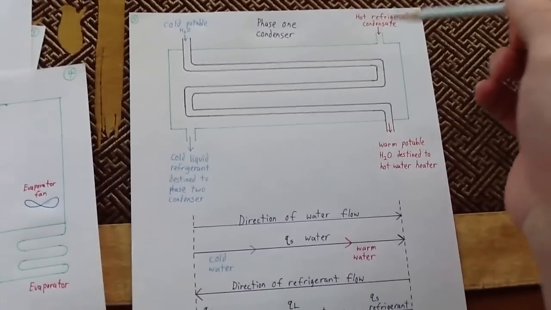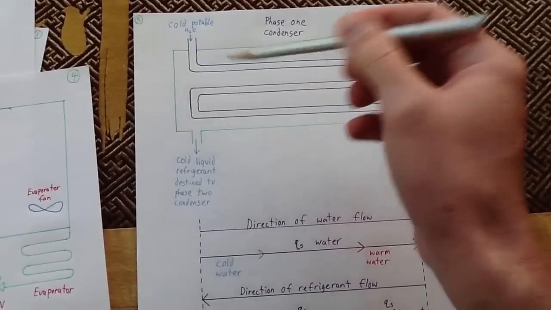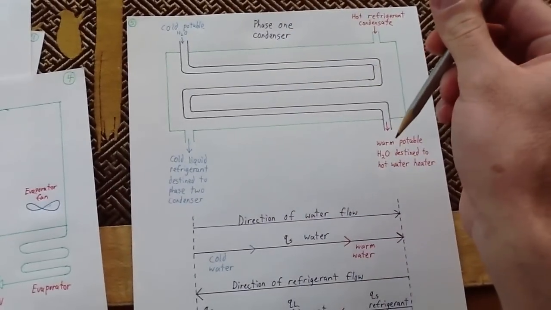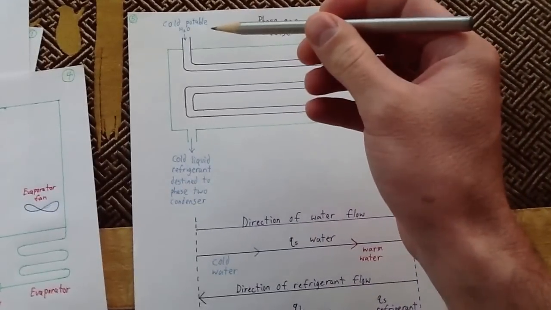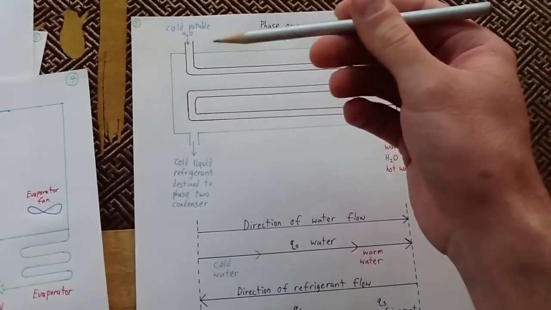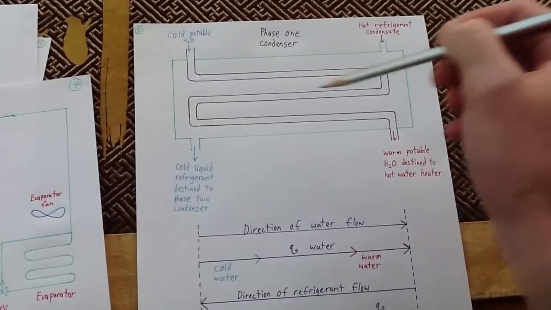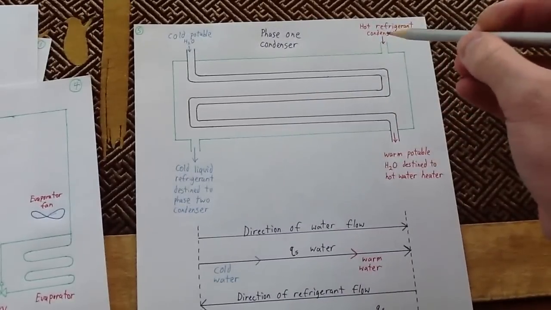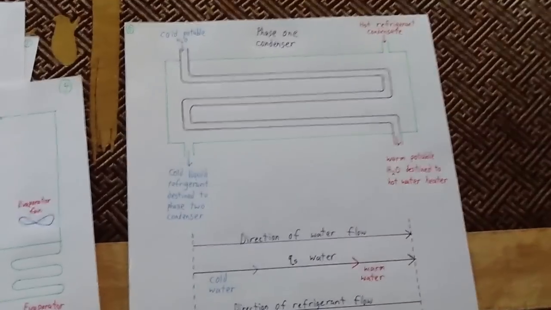Okay, and the way that I've drawn this out right here is we're going to take water that's going to your building's hot water heater. So you're taking cold water that's coming from the city water line or your well, whatnot. It's going to go through this heat exchanger, and then after it gains heat from the hot refrigerant, it's going to go to the hot water heater.